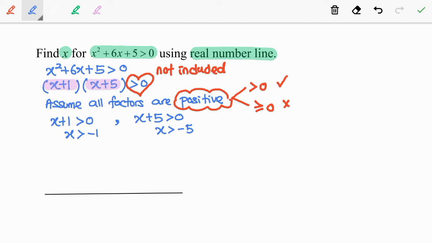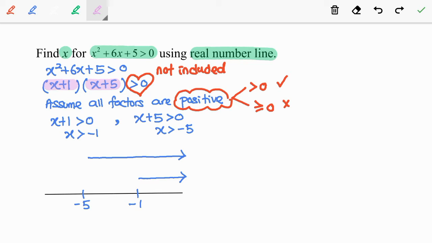So now let us put them in a number line. We have the number negative 5 and negative 1. So for x greater than negative 1 means it's going towards the right side. And for x greater than negative 5 is also going toward the right side.